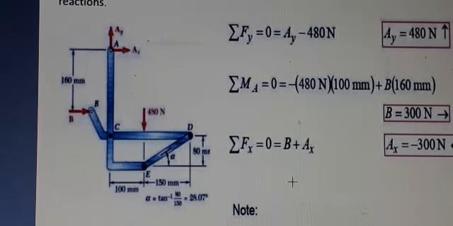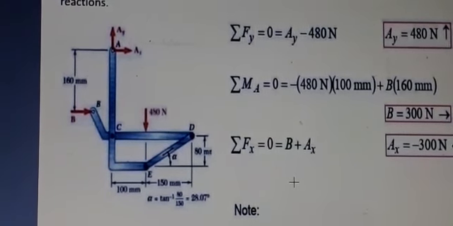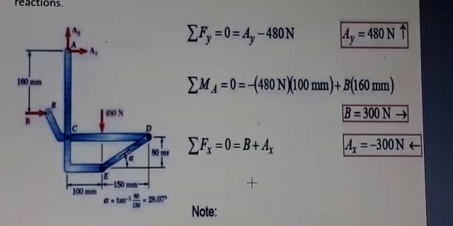Now apply the last condition, summation Fx equal to 0, which is B plus Ax. We know the value of B, so put it in this equation. You will get Ax equal to minus 300 Newton, meaning Ax is in the leftward direction.